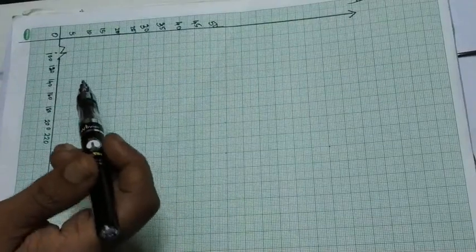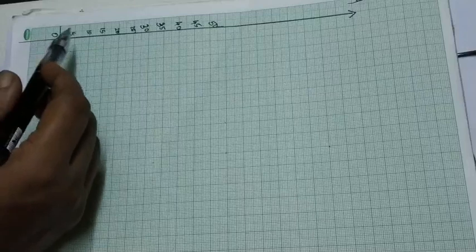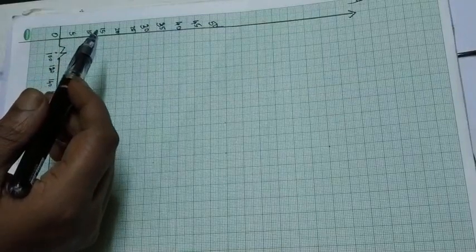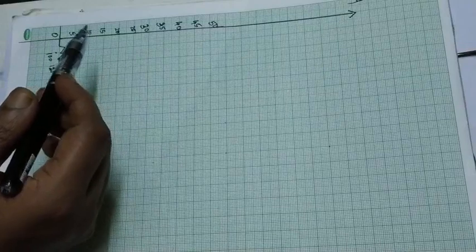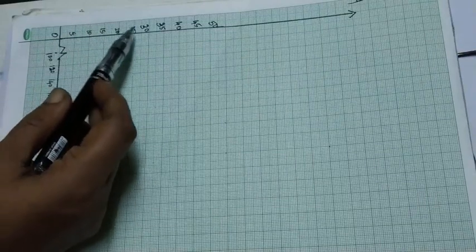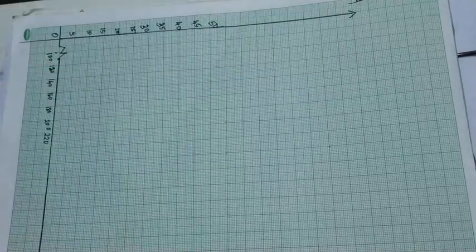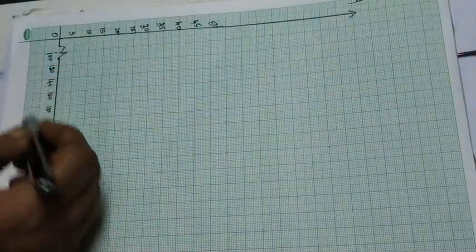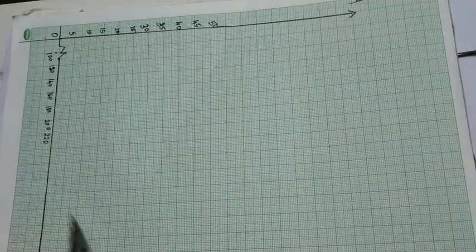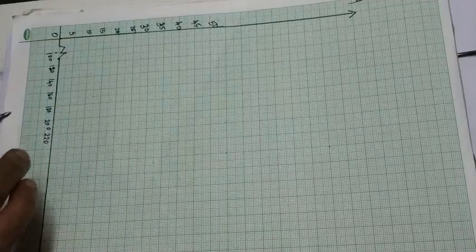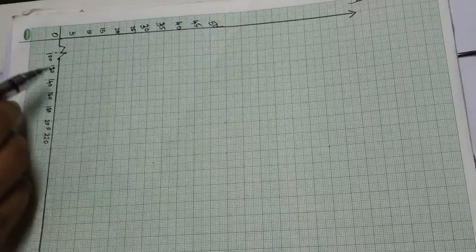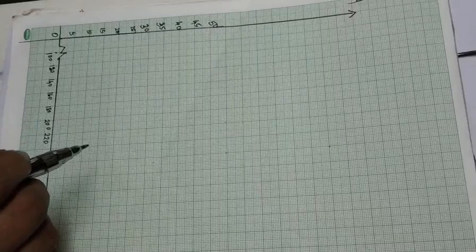So here 1 centimeter equals 5 workers, like that we have taken. Or if you want you can take 2 centimeters equal to 5, so it will be a bigger one. Here also you can take 1 centimeter 10 if you want. Here I took 20, 20 like that. Now start plotting.